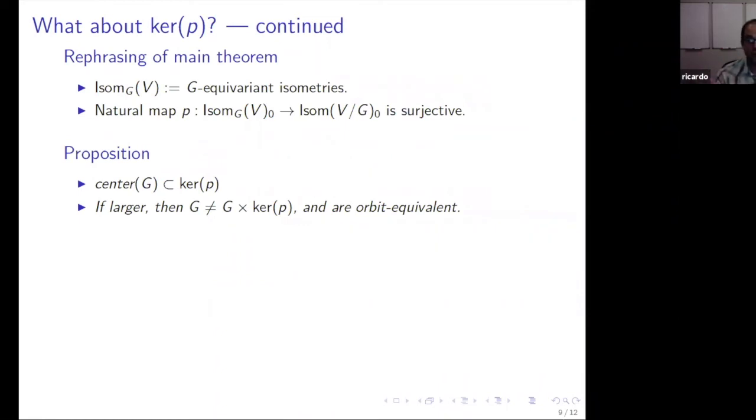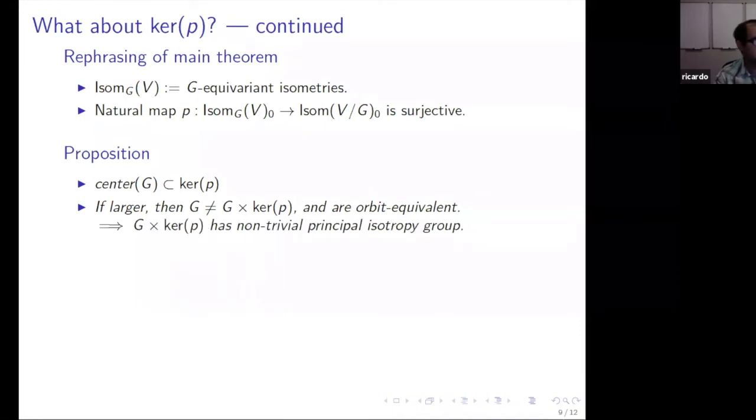So G and G cross kernel of P are orbit equivalent. And since G cross kernel of P is strictly larger than G, that's what we're assuming, that means it must have non-trivial principal isotropy groups, right?